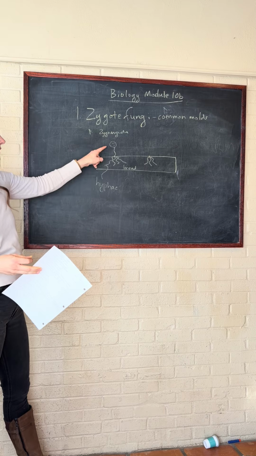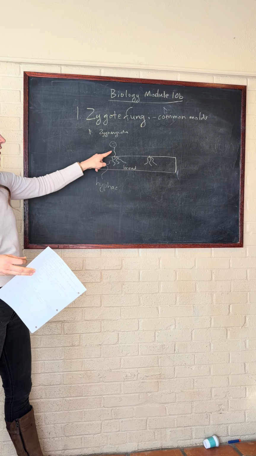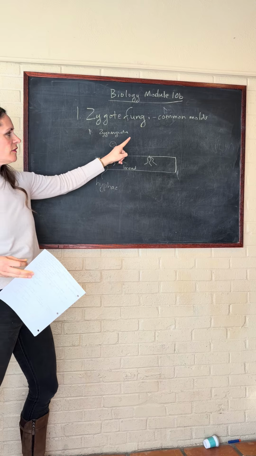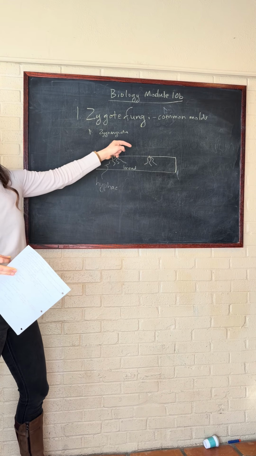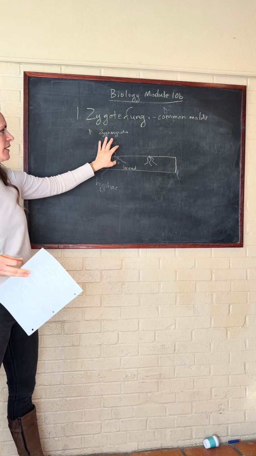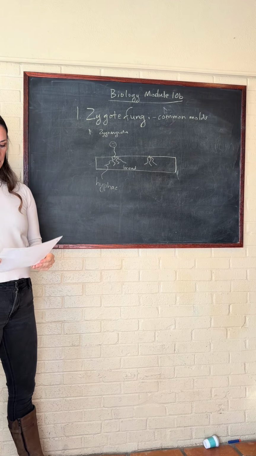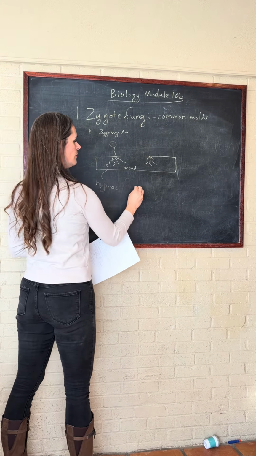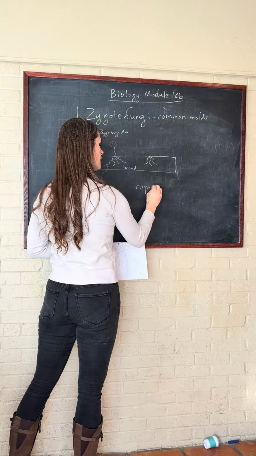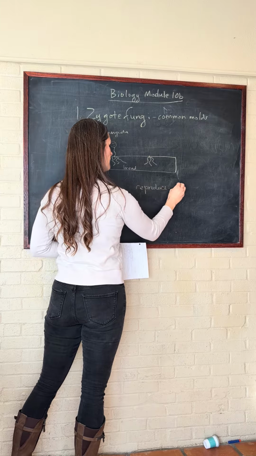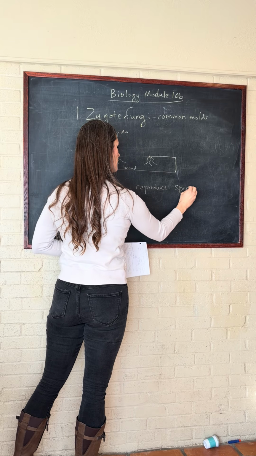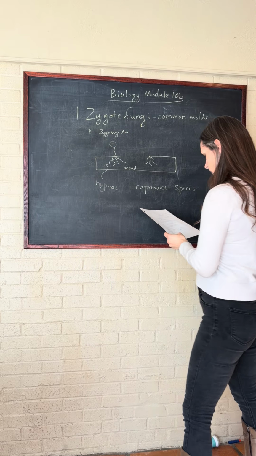Okay, so this is one mycelium making a fruiting body, making spores and sending them out. This is asexual reproduction. This mycelium is not mating with any other one. So it reproduces by spores, and that's asexual.